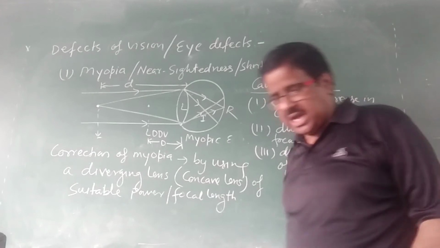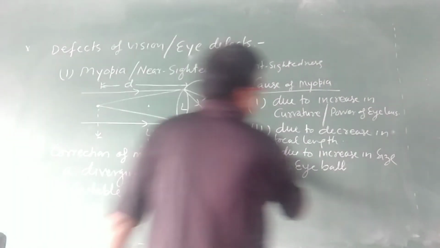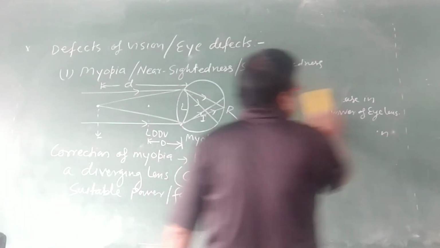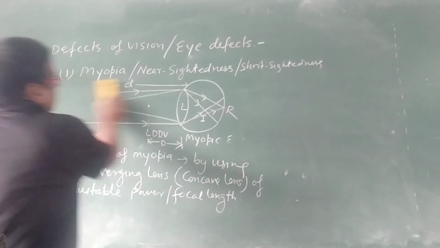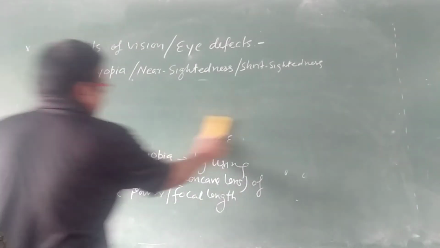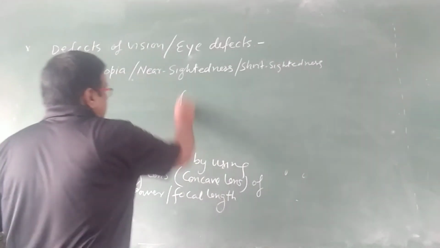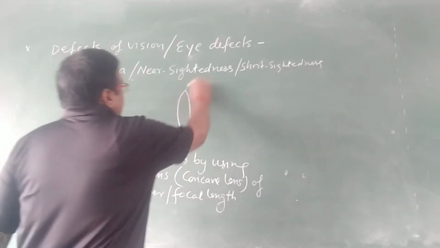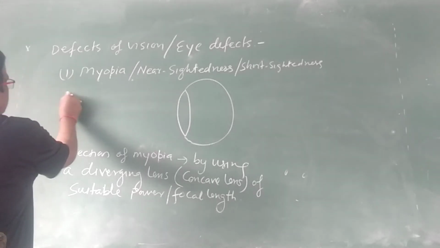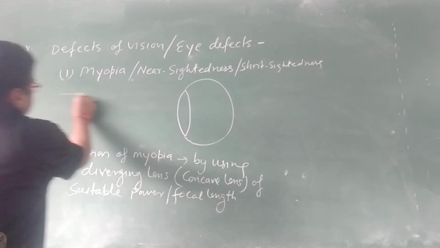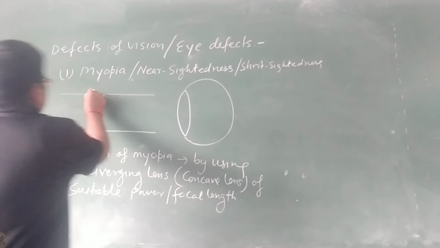So let us see how it is corrected. What is the function of the diverging lens in this case? I am first making the ray diagram, as the eye was not able to see distant objects. So light rays are coming from infinity.